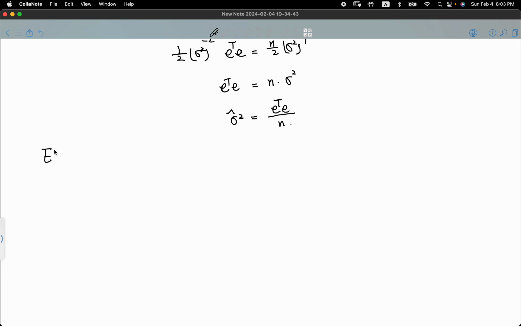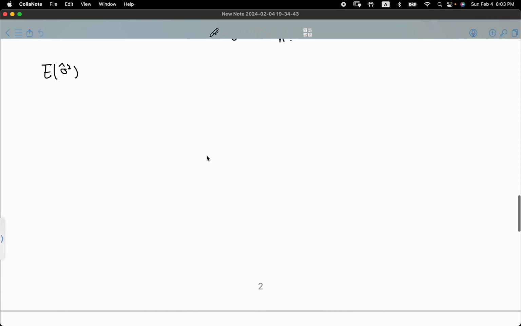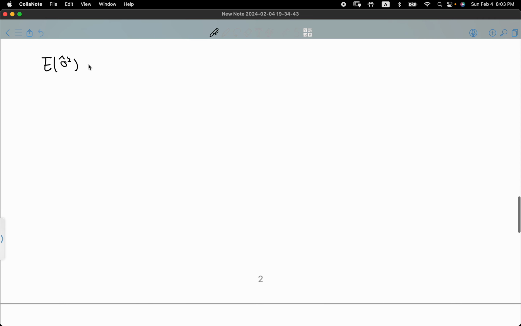So the last thing I want to talk about is the expectation of that. Let's plug in E transpose E over N. 1 over N is a constant, so E transpose E.